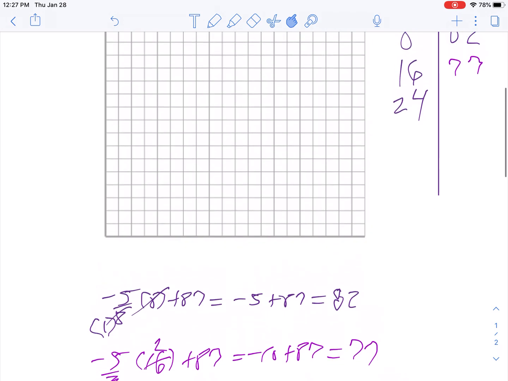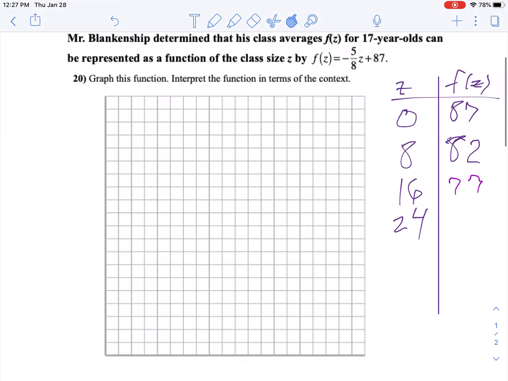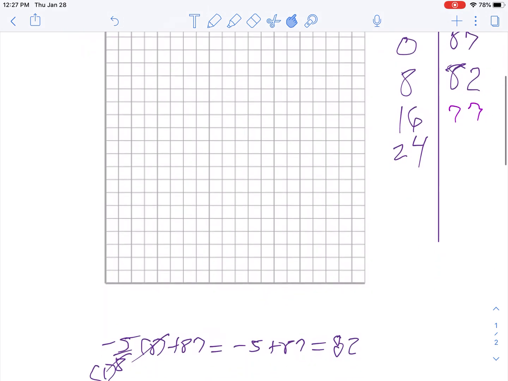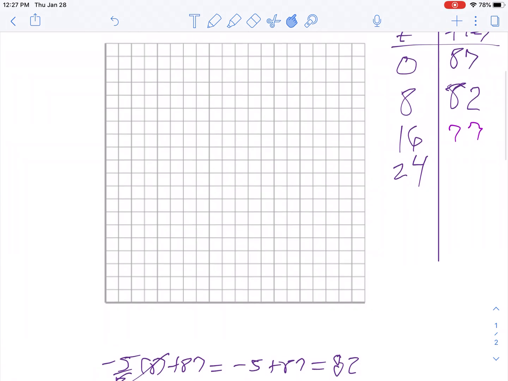Notice my z value has to go up to 24 because I have 24 here on my grid. Since it has to go up to 24, and I only have 20 tick marks, I think I'm going to count by 2s.